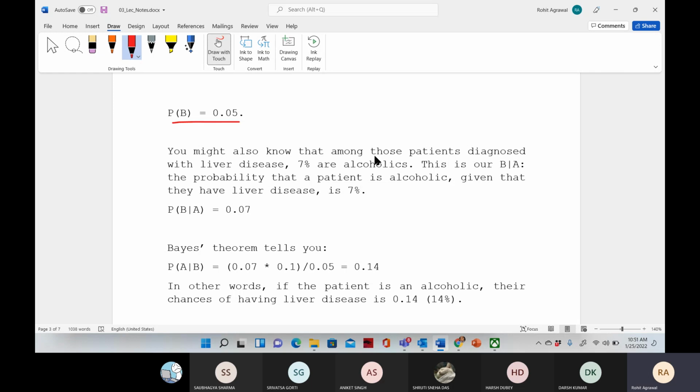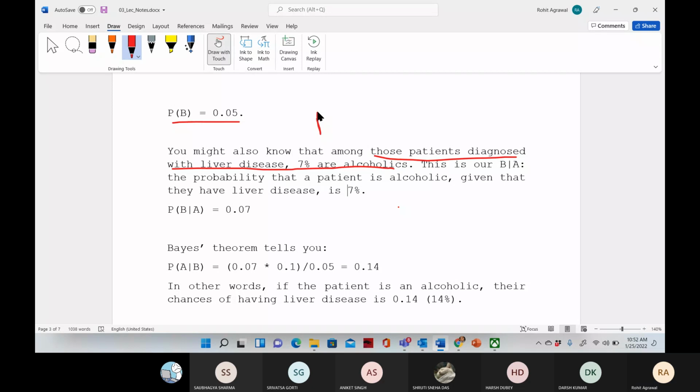Patients diagnosed with liver diseases, 7% of them are alcoholic. That means the patients who are diagnosed with liver disease and they were alcoholic. What does it mean?